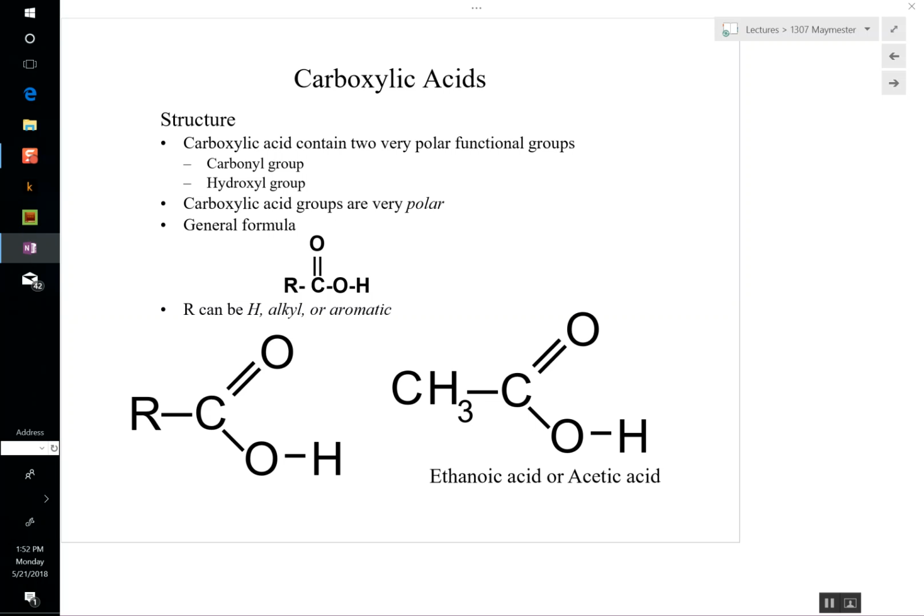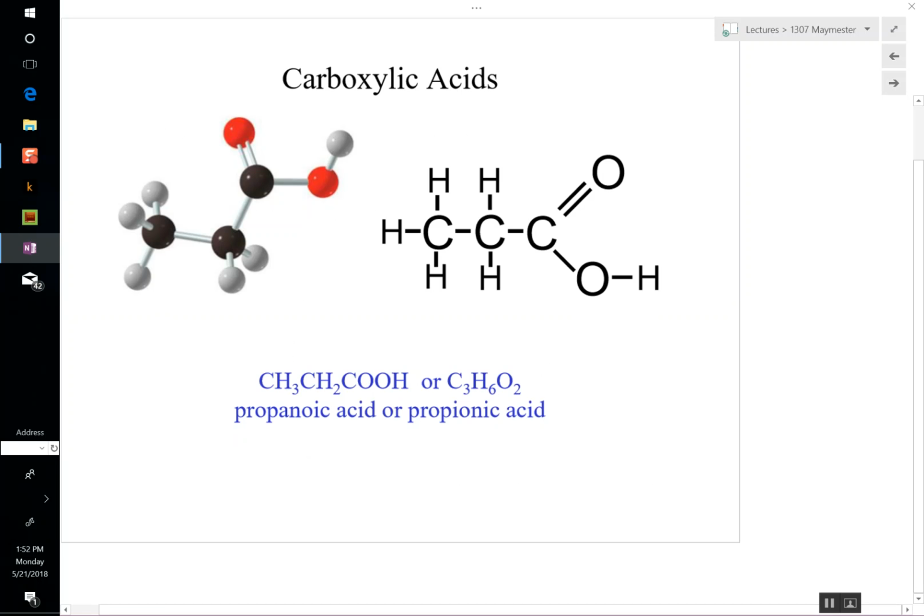These carboxyl groups are very polar, more polar than alcohols. Okay, 3 carbons long, propanoic acid. The carboxyl group is always on the end.